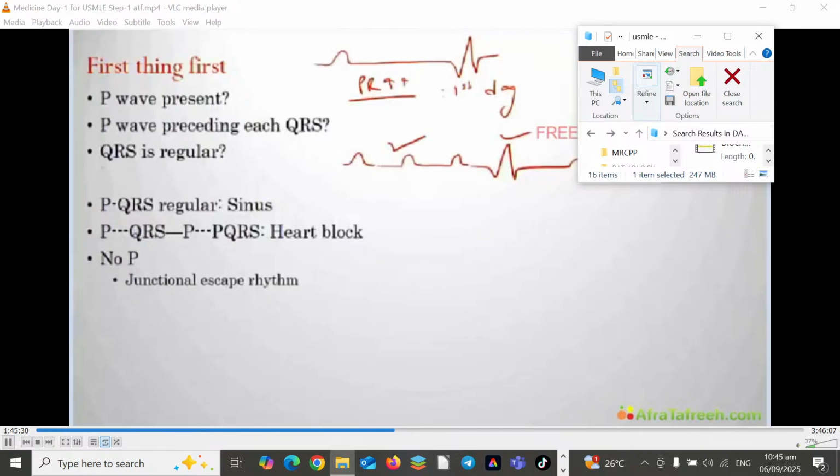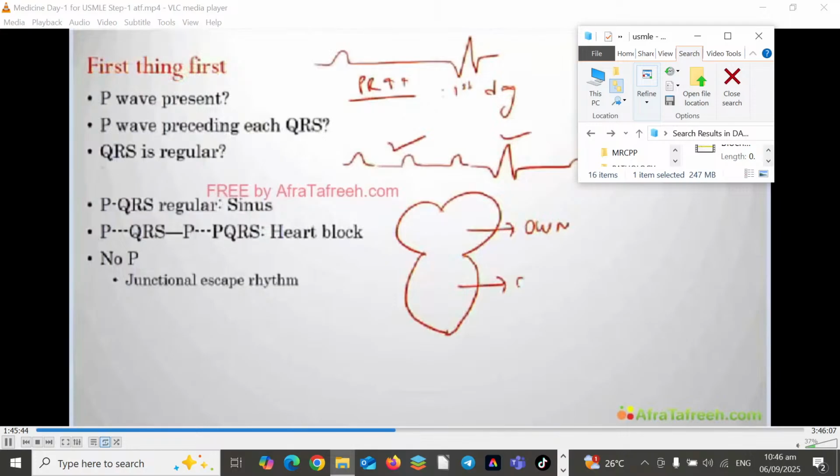This is called a complete heart block. Complete heart block would be when the chambers, this is contracting on its own and this is contracting on its own. There is no conduction across the atria to the ventricles. This condition is called a complete heart block.